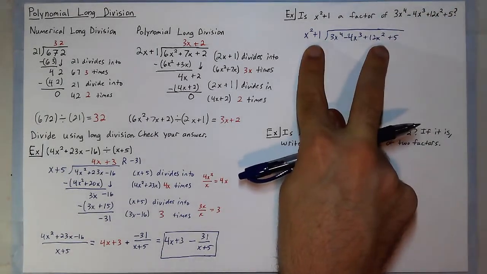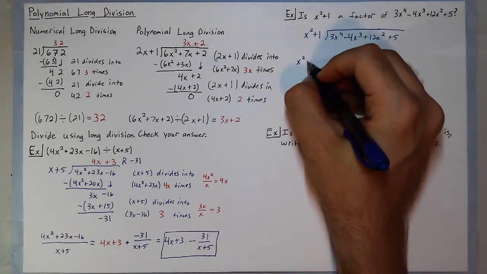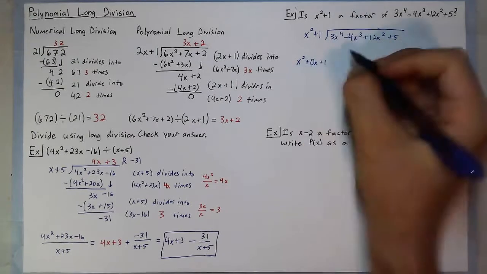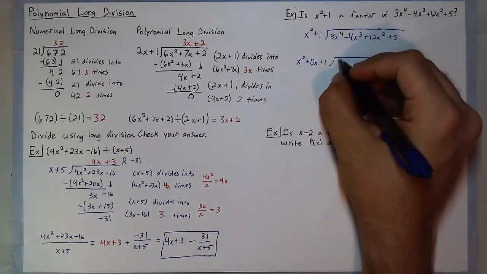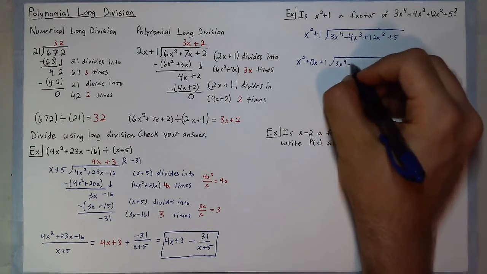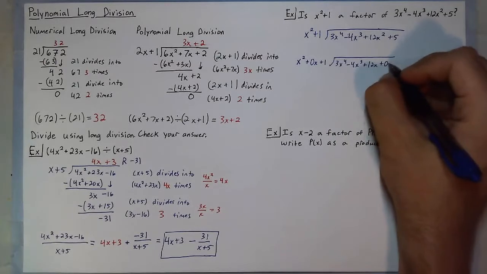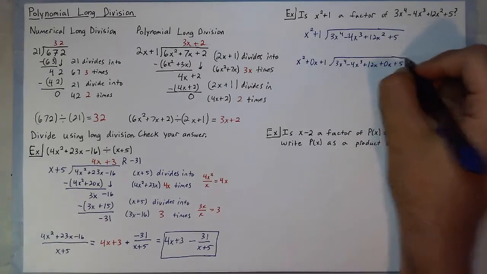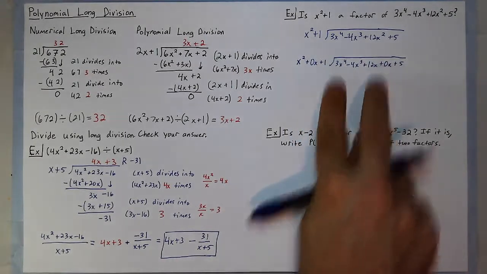A good way to avoid making any mistakes is to add in that term with a coefficient of 0. So we get 3x to the 4th minus 4x cubed plus 12x squared, and we'll put a plus 0x for that term we're missing. The same with the divisor, x squared plus 0x plus 1. It's all just to keep track of everything.